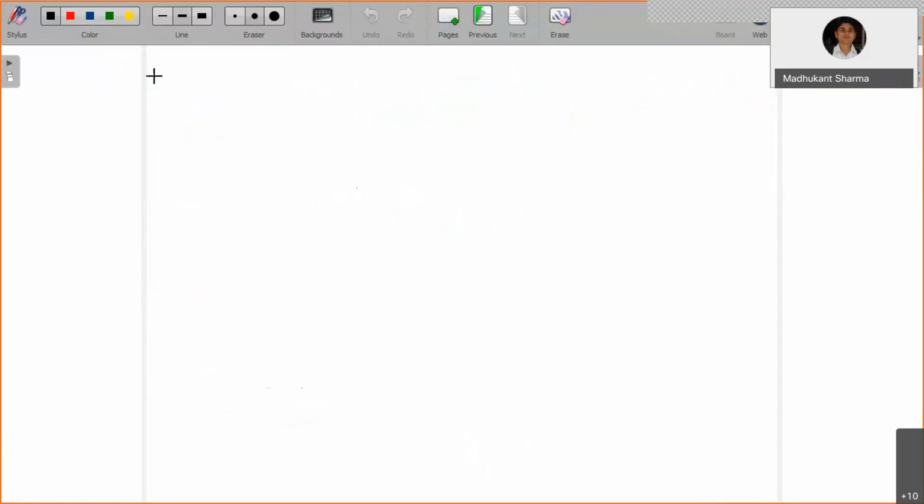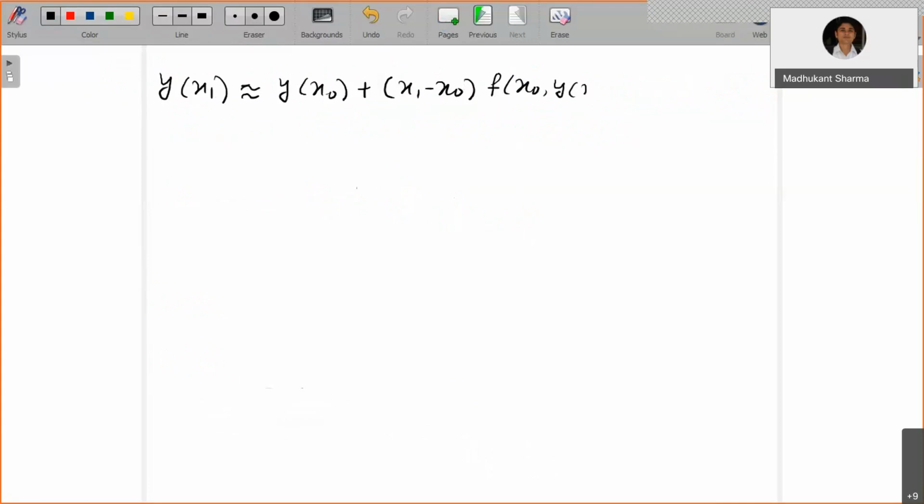The above formula suggests that y at x1 can be obtained by y at x0 plus x1 minus x0 times y dash at x0, that is f at x0 comma y at x0.